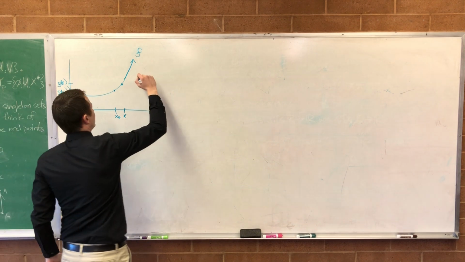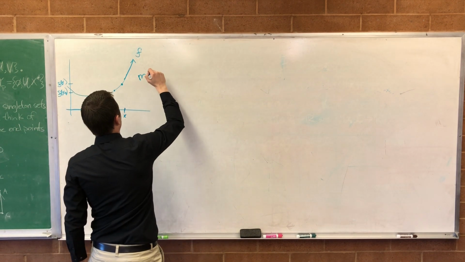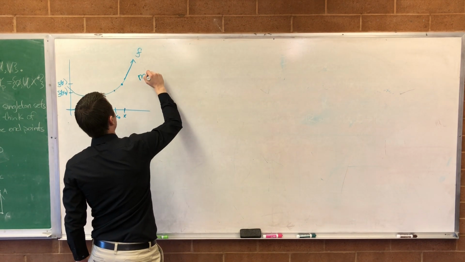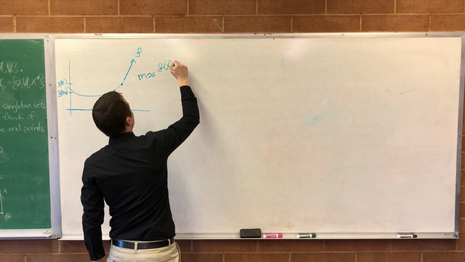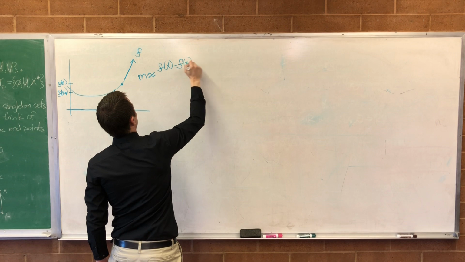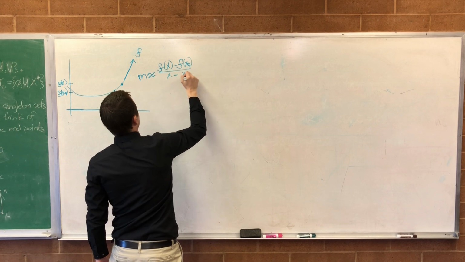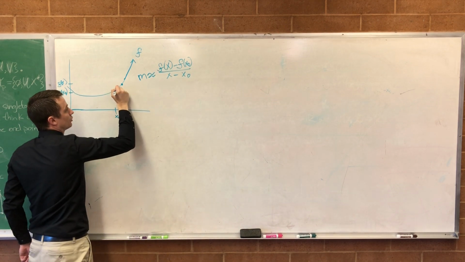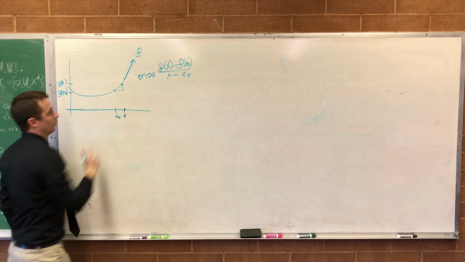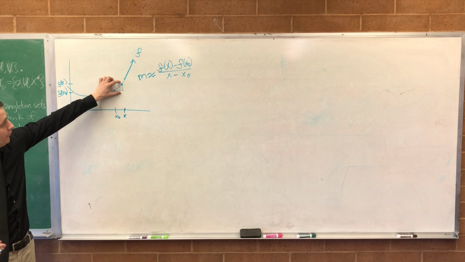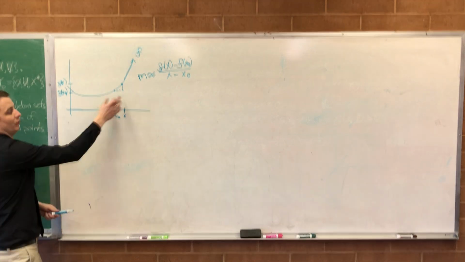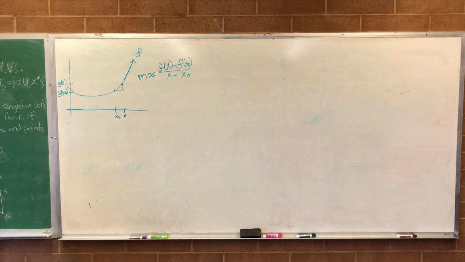And then we would say the slope at that point, we'll call it m, should approximately be f of x minus f of x naught all over x minus x naught, right? We thought about this as a little triangle. And we're going to do the rise over the run. What's the rise? That's f of x minus f of x naught. And what's the run? That's x minus x naught.